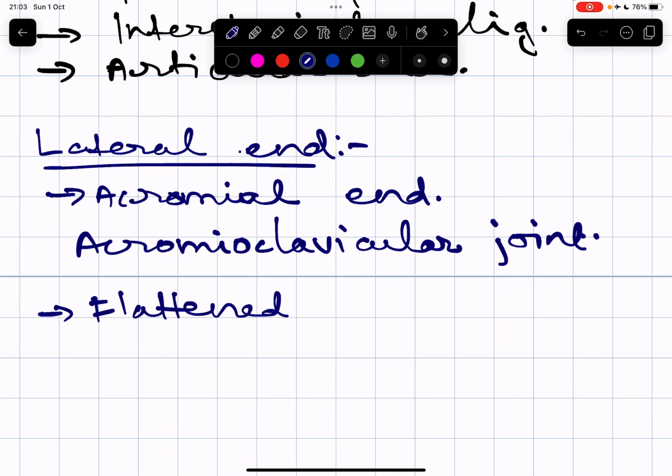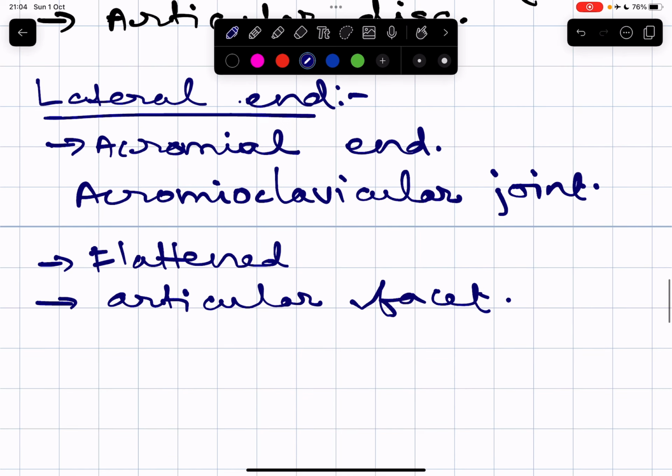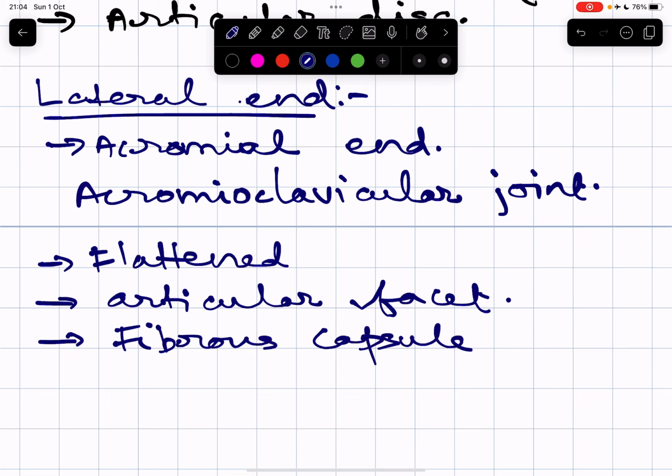The lateral end is flattened, and it bears the articular facet for the articulation with the acromion process of the scapula, and this end gives attachment to the fibrous capsule of the acromioclavicular joint. Right.